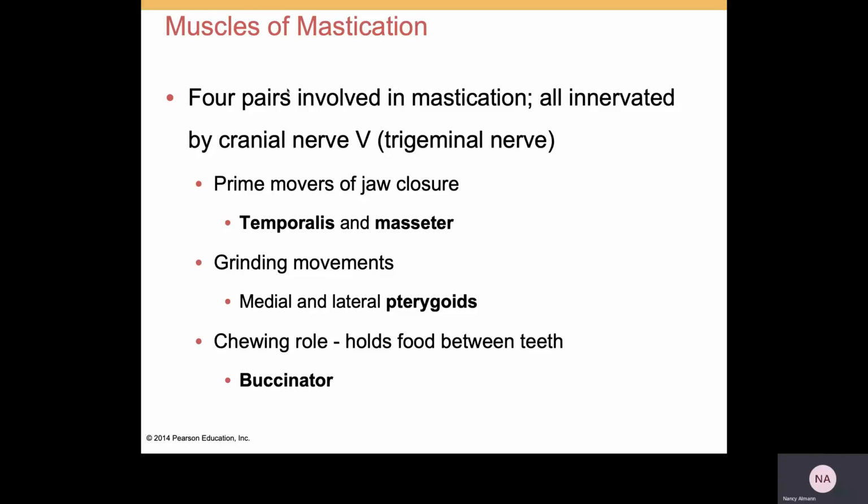That P is silent. And they and the masseter are clinically significant. And we'll talk about that in a minute. Buccinator is going to have a role in chewing because it helps hold food in between your teeth.